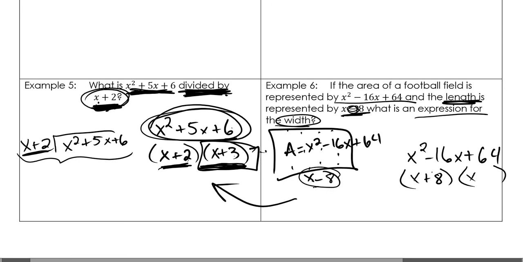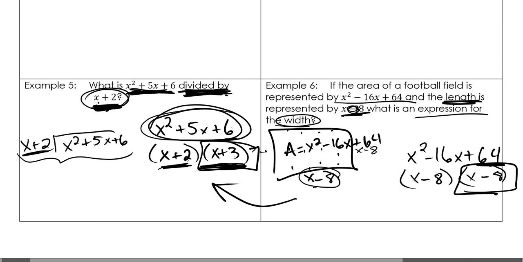Minus 8, and that should be minus 8 over here. Minus 8. All right, so now we're thinking, what numbers multiply times 8 to give us 64? Well, that'd be another negative 8, because negative times negative gives us positive, and then negative 8 plus negative 8 gives us negative 16. That's the answer. The other length must be x minus 8.